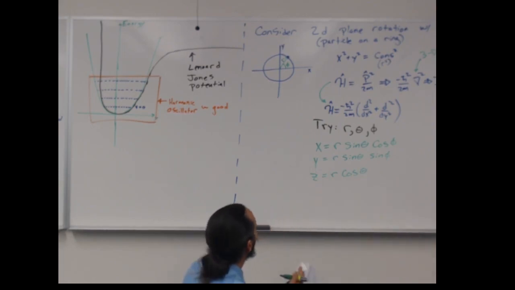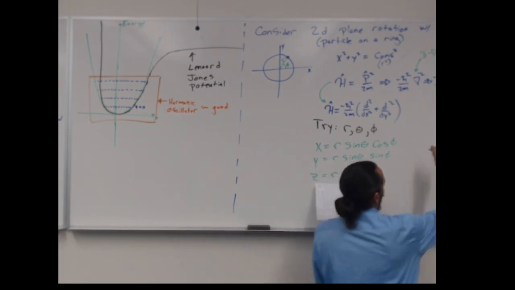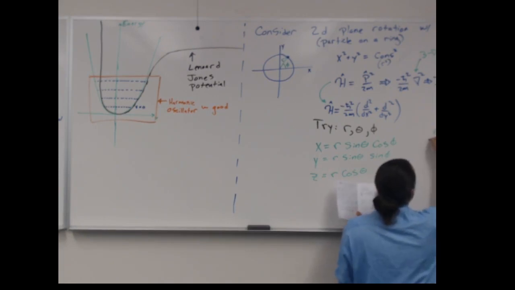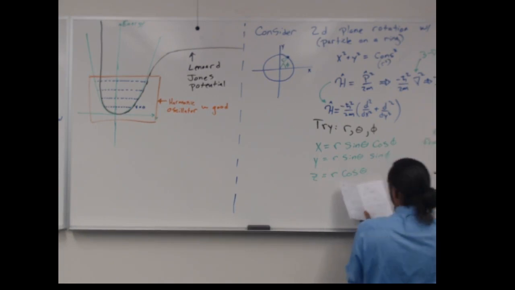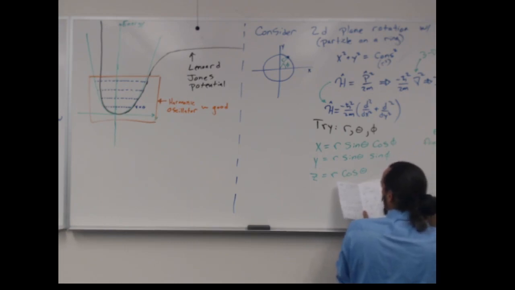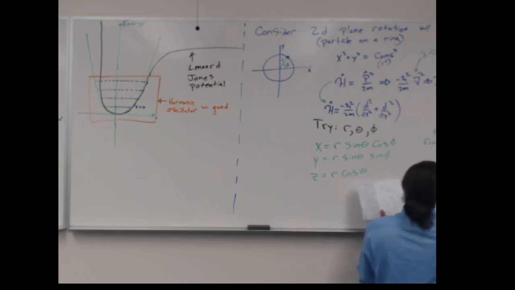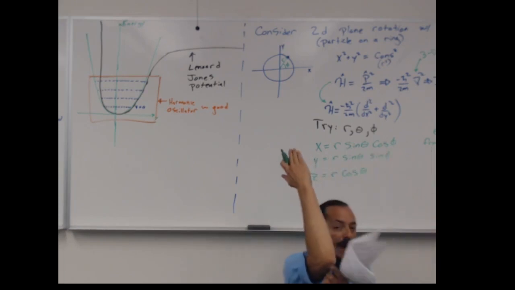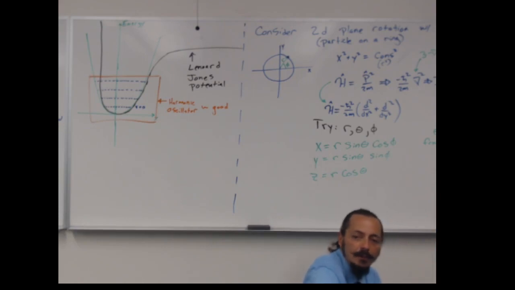Where theta varies. Okay, how do we do this? There's two different ways to think about theta. Theta can be from 0 to pi. Some people do it from pi over 2 to negative pi over 2.